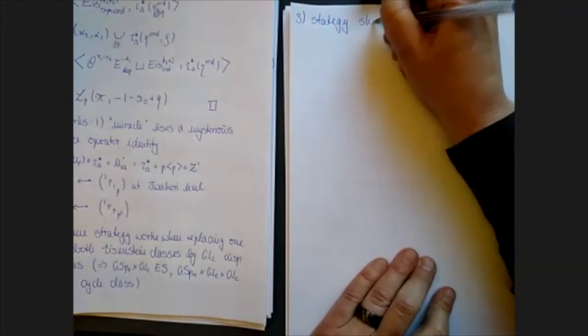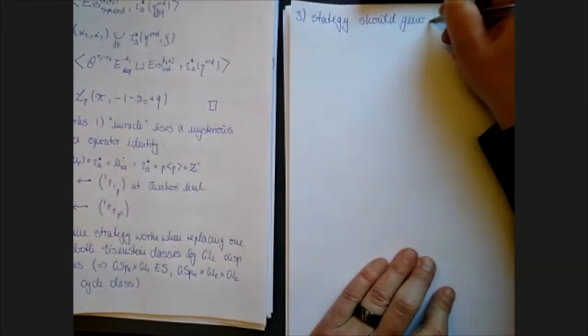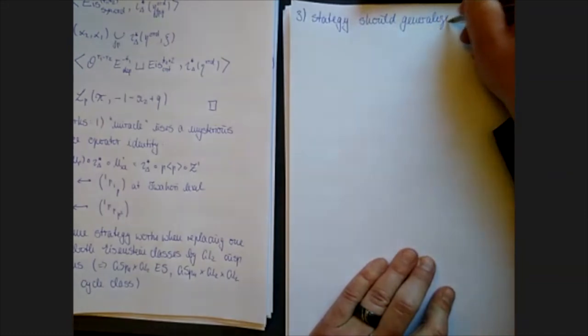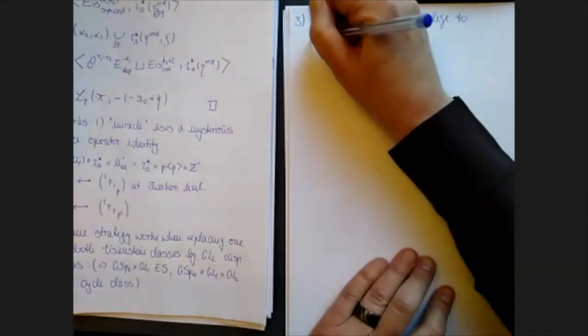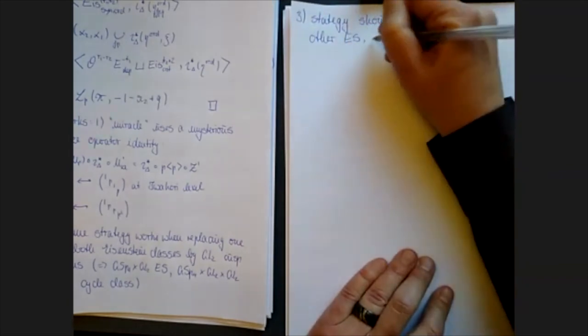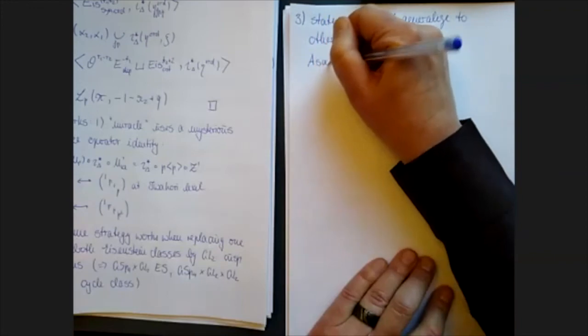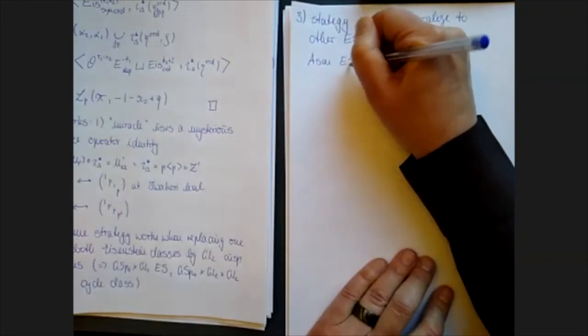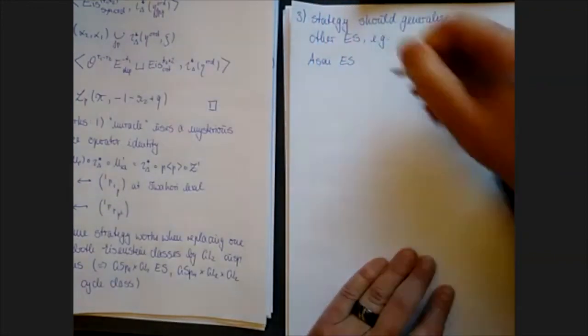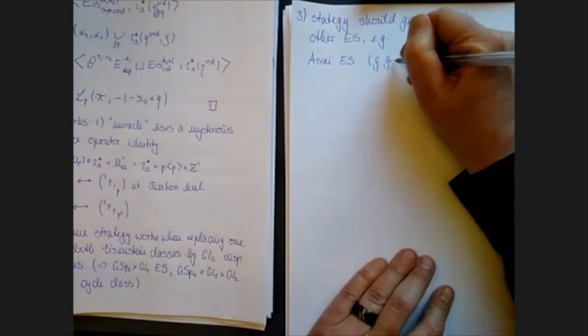So it should generalize to other Euler systems. For example, the Asai Euler system attached to a quadratic Hilbert modular form. This is work in progress by Giada Grossi.